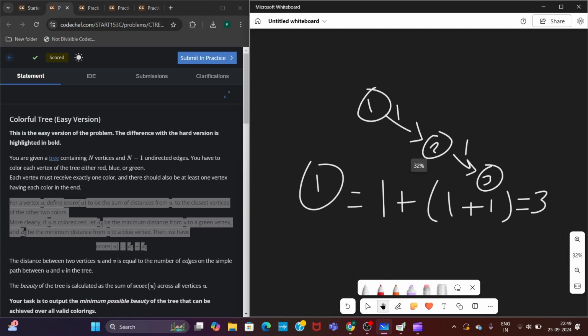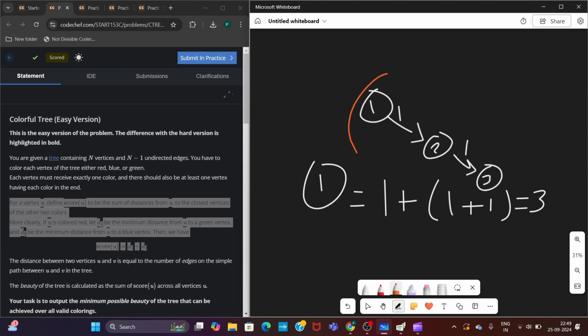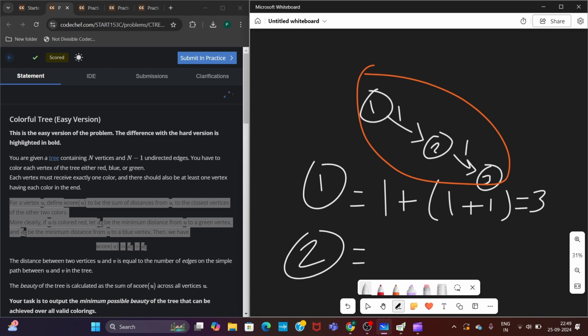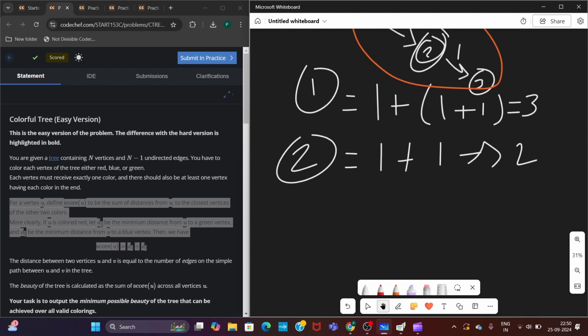What I mean to say is, the distance from 1 to 2 is 1, and the distance from 1 to 3 is 2. Then for 2, from 2 to 1 our distance is 1, and from 2 to 3 our distance is also 1, so our answer will be 2 over here.